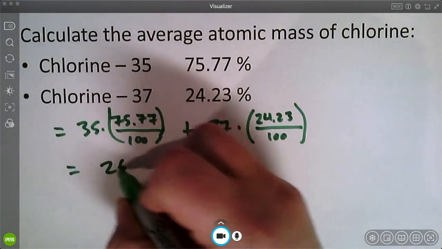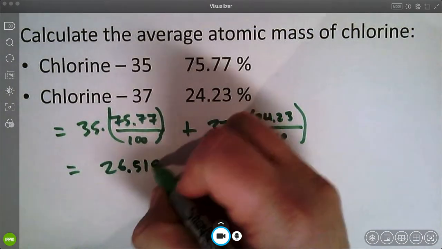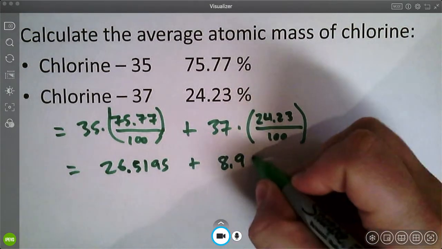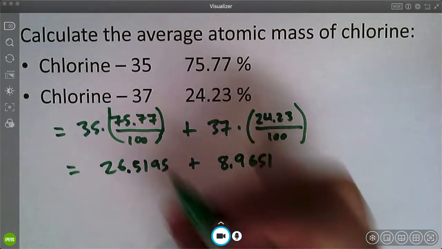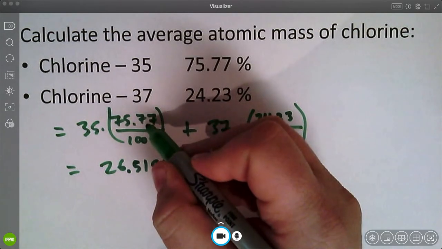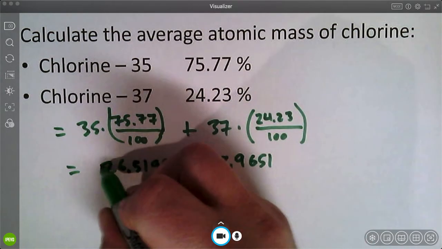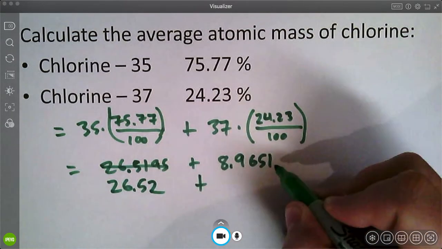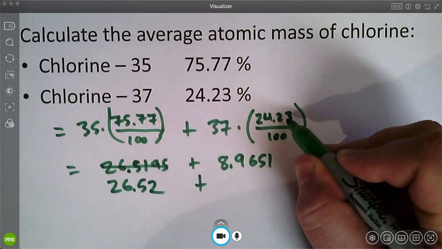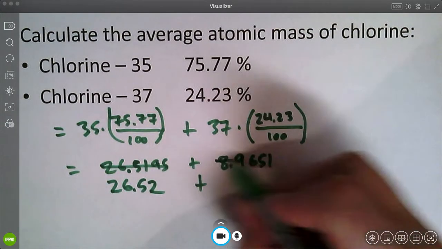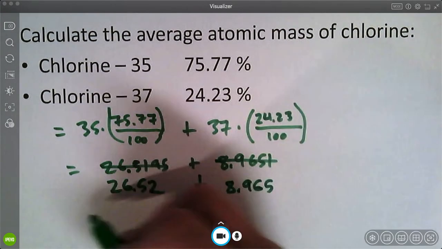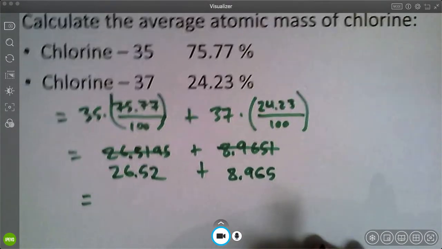We got 26.5195 plus 8.9651. This has 4 significant figures in the percentage, so I'm going to round this to 4, so 26.52. And this also has 4 significant figures, so again round it to 4, so 8.965.